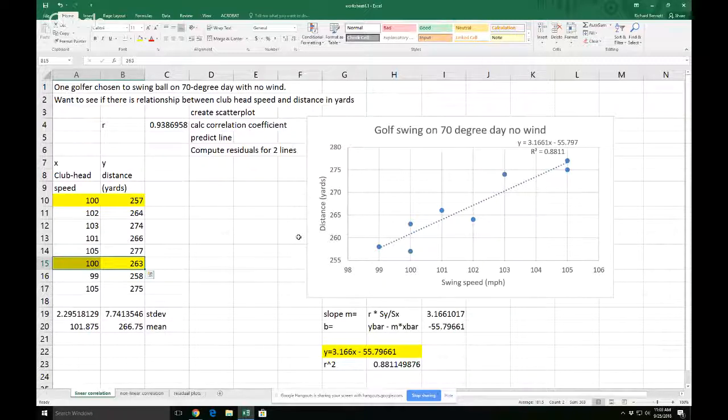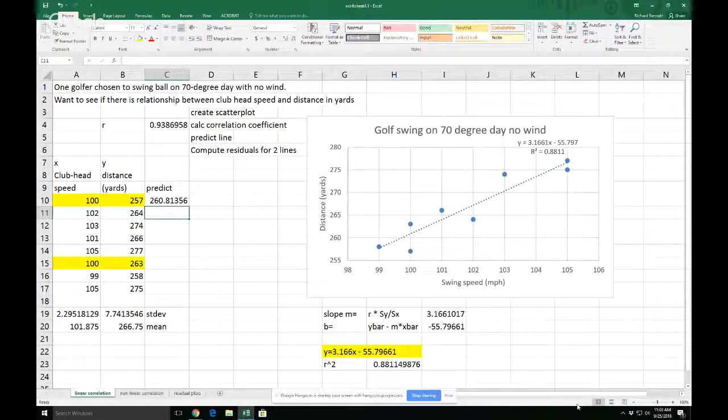the line, okay? Now we can actually use the equation of this line to predict. So if we use the equation of this line to predict, what we're going to do is take our slope, 3.1661, multiply it by our x, 100 miles an hour, and then add my y-intercept, which is negative 55.